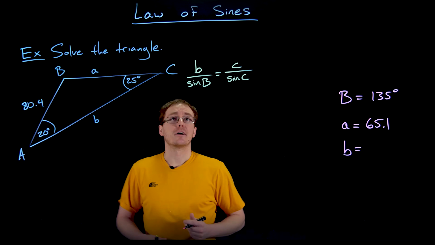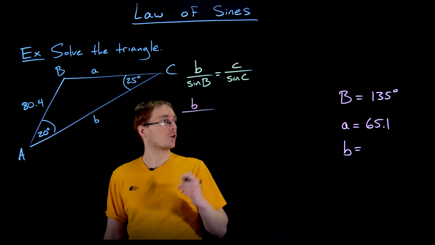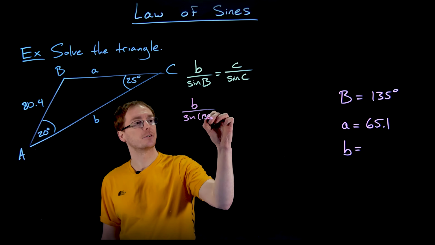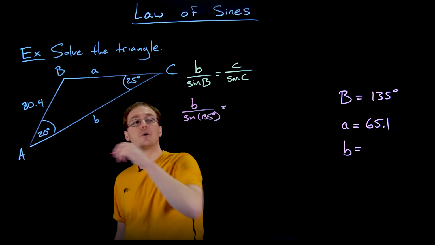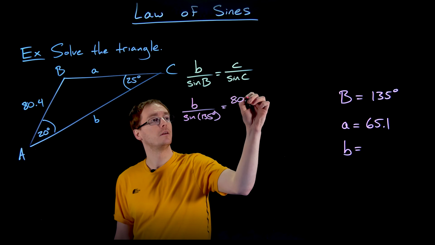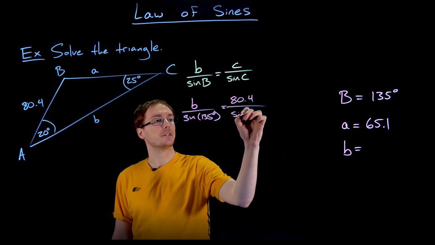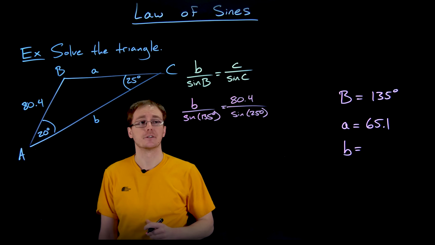So let's go ahead and plug in everything we know. Well, we don't know side length B, so that's what we're going to solve for. We do know angle B is 135 degrees. And that's going to be equal to side length C, which we were told was 80.4, divided by sine of angle C, which is sine of 25 degrees.